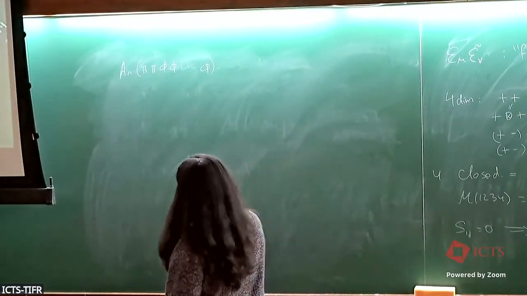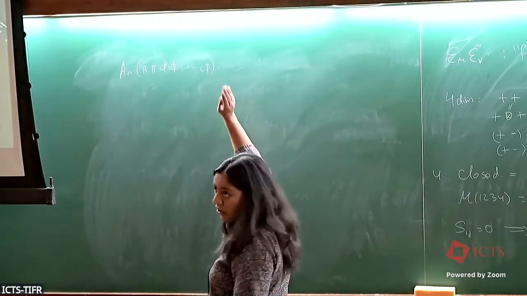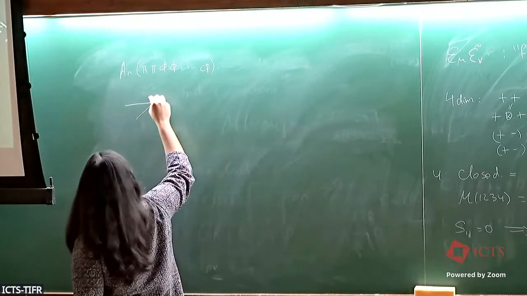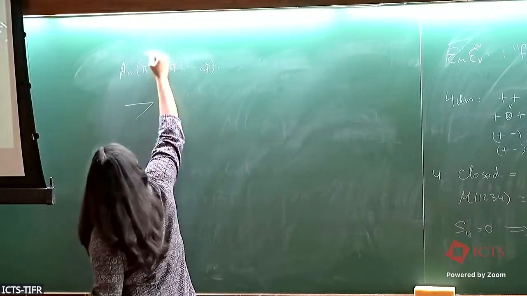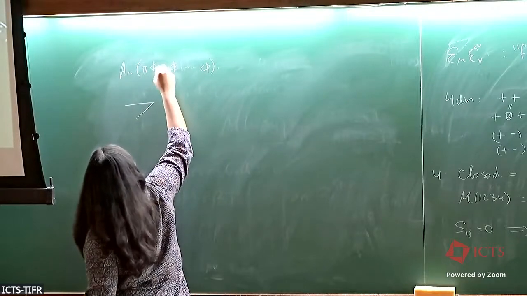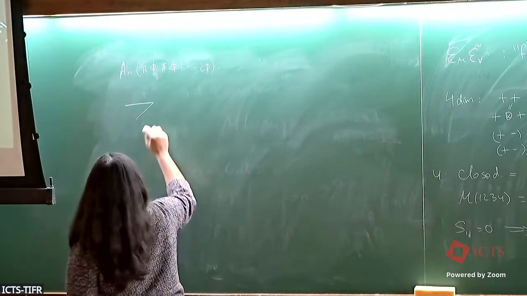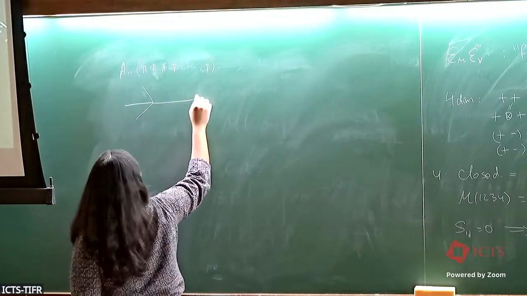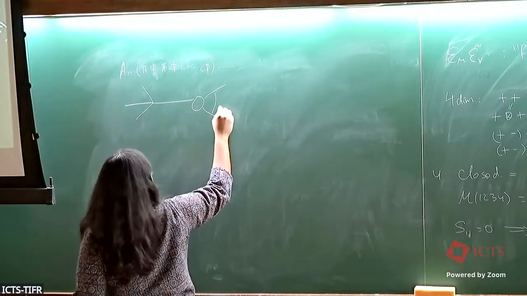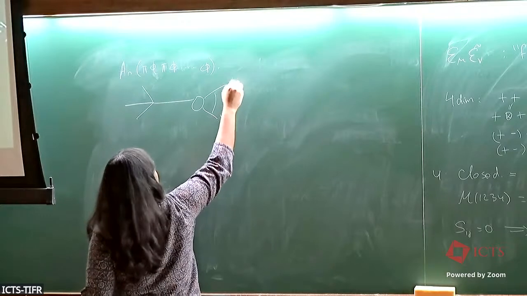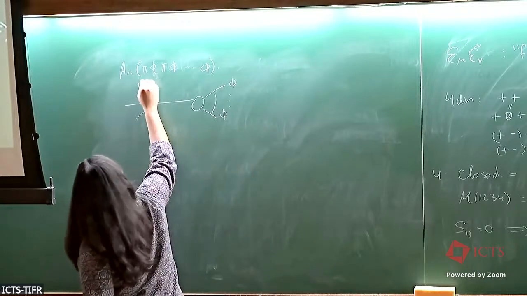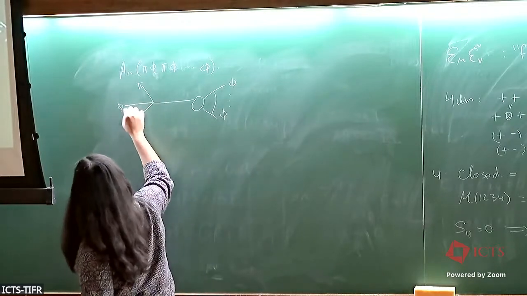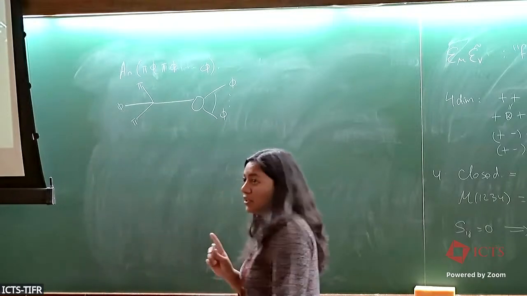If you look at the singular graph that can contribute to this, let's do this. There is only this one. So these are all 5s. This is pi, this is pi, this is pi. There's only one graph that can occur.